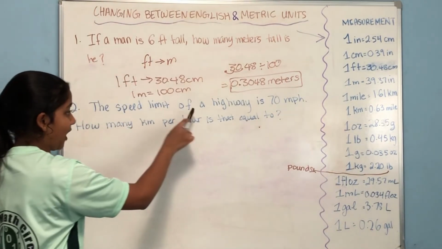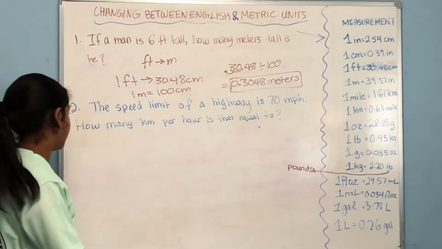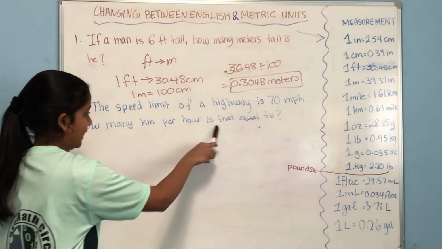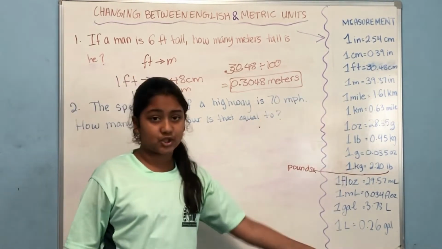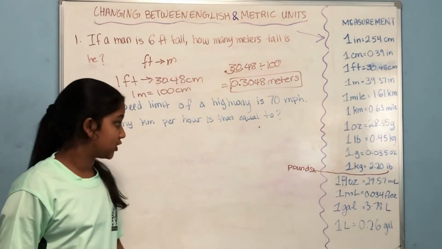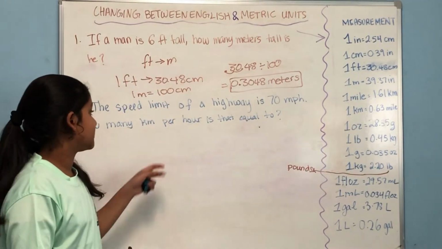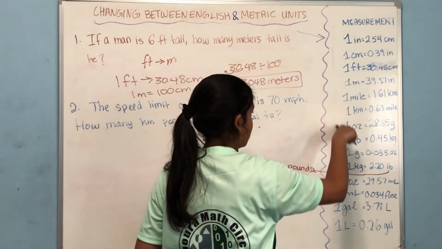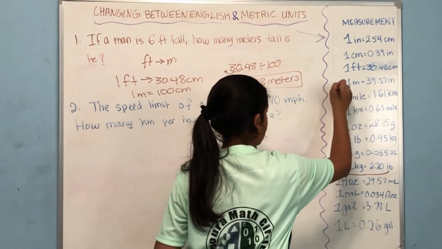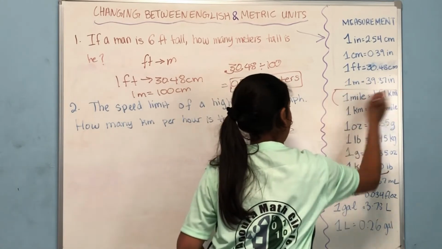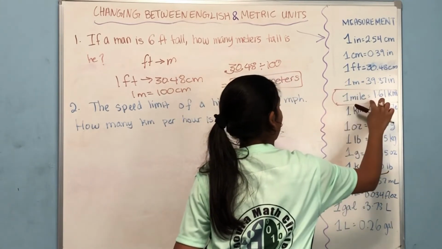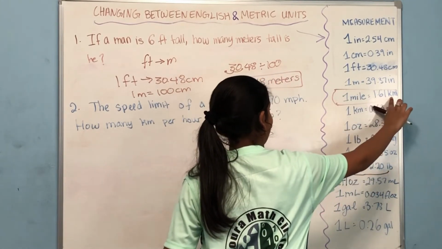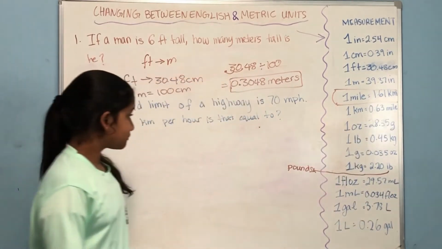The speed limit of a highway is 70 miles per hour. How many kilometers per hour is that equal to? Now let's go ahead and look at the chart again and find the closest conversion that we can use to help us figure out this problem. So let's go ahead and look at over here. Okay, over here. What do we have? We have 1 mile equals 1.61 kilometers.